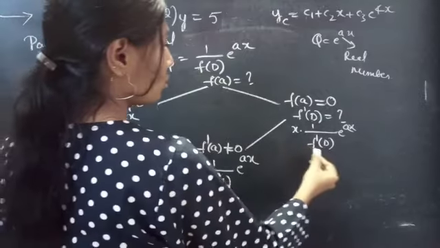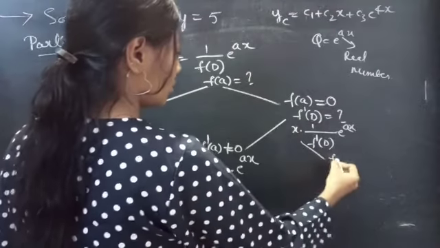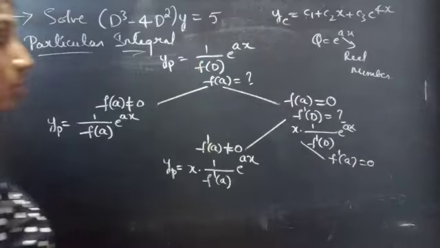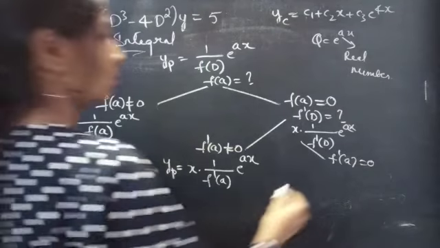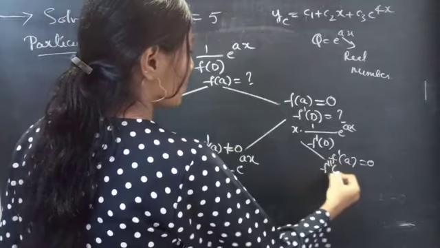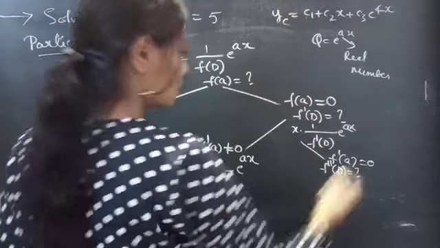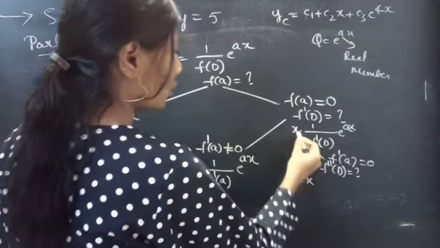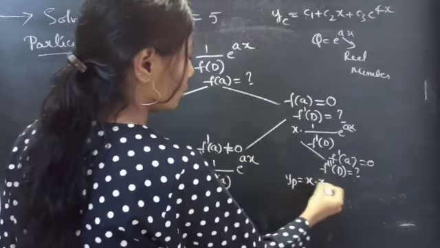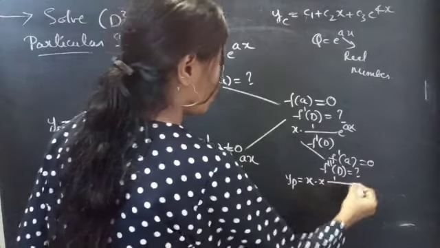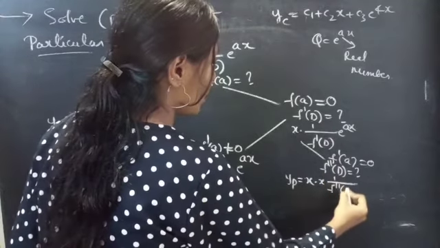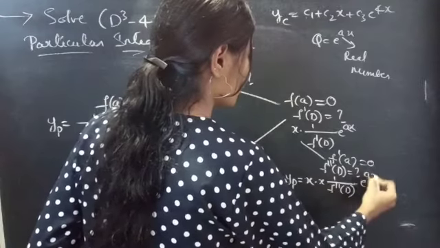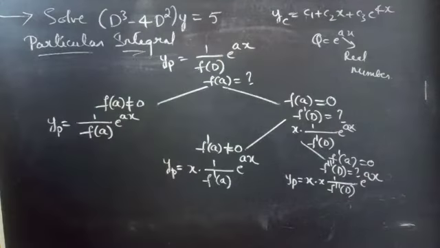Okay, so if f dash of a is equals to 0, then you'll find f double dash of D, and you can write yp as, you are already having x, right? Put another x into 1 by f double dash of D into e power ax.